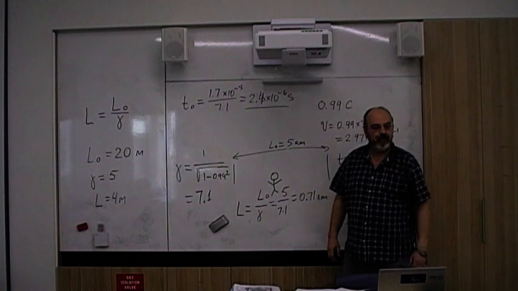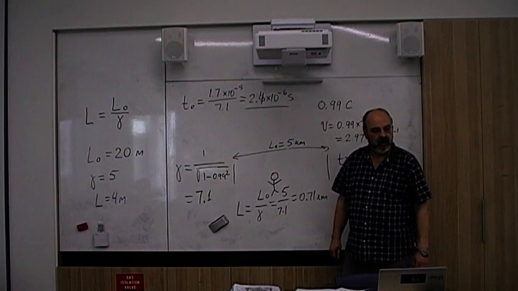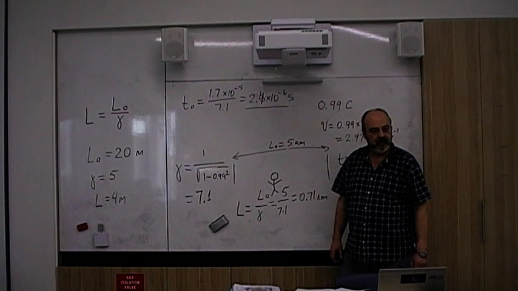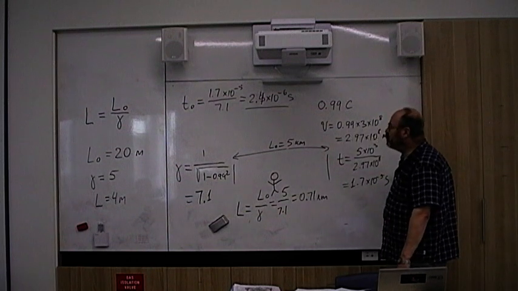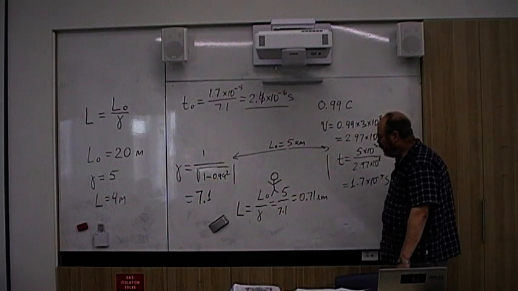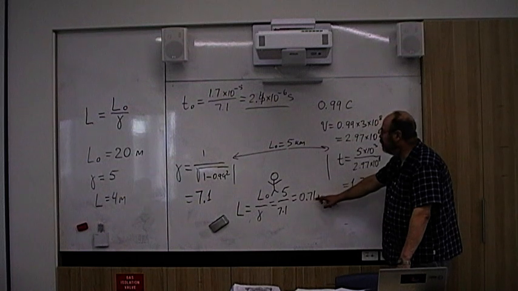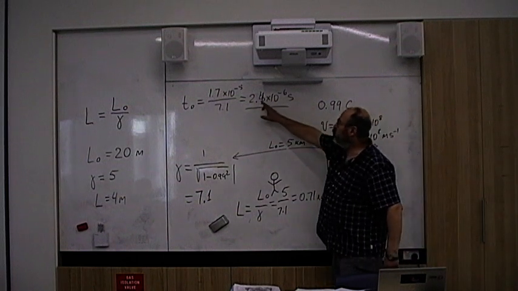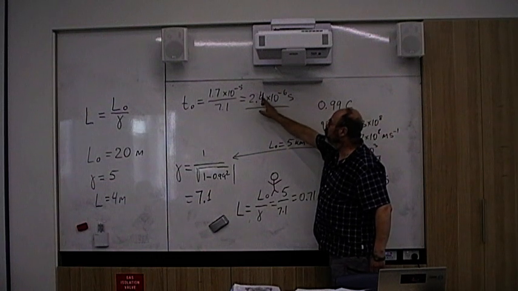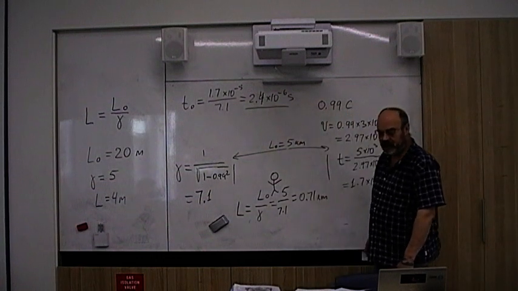Yes. If you use the proper time for the muon and then use the contracted length, if you divide them by each other, do you get their speed? You know what I'm saying? Okay, let's divide. Guys, please divide 0.71 by the 2.4 times 10 to the negative 6.